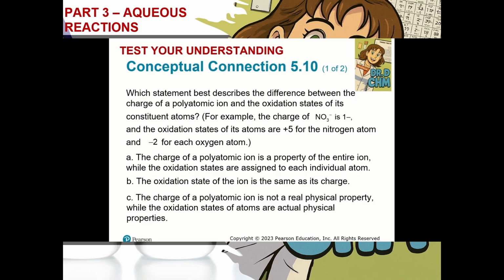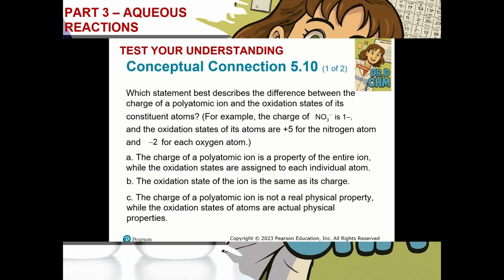Which statement best describes the difference between the charge of a polyatomic ion and the oxidation state of its constituent atoms? For example, the charge of nitrate is -1, and the oxidation state of its atoms is +5 for nitrogen and -2 for each oxygen atom. So what does that mean?